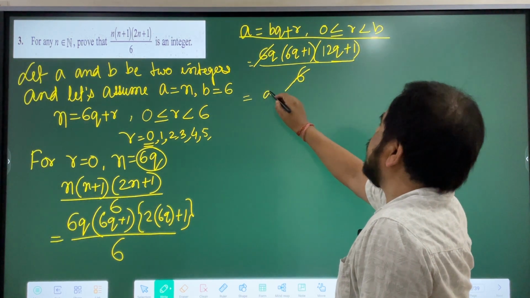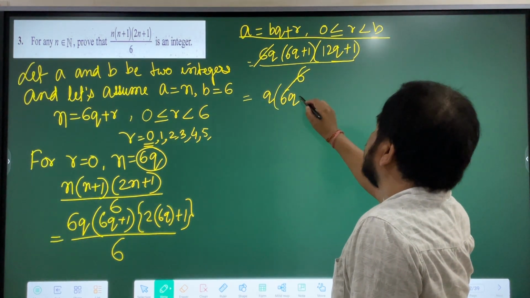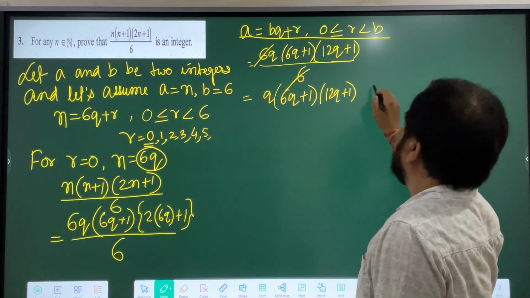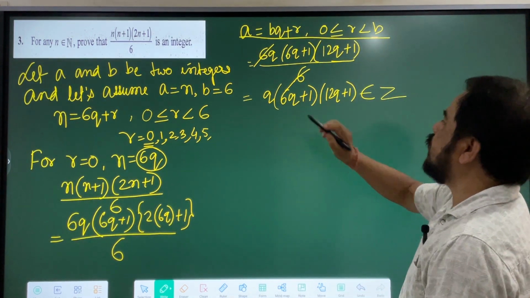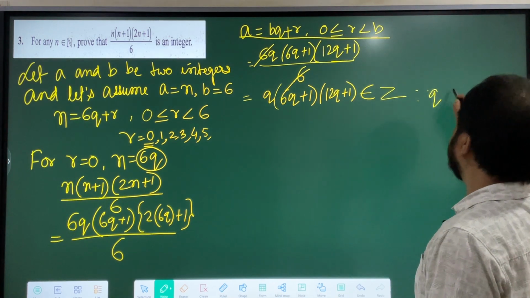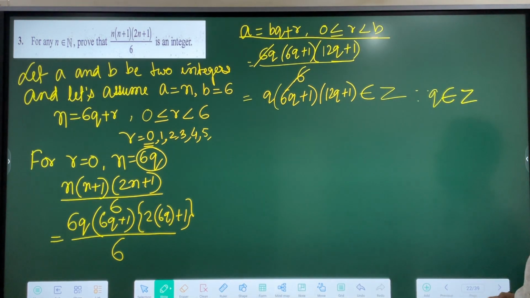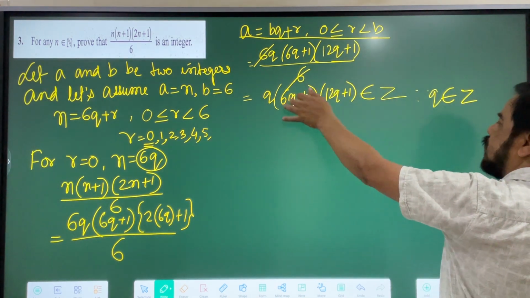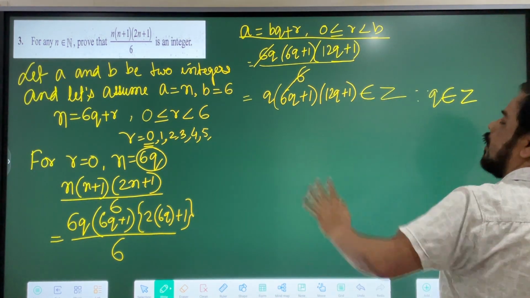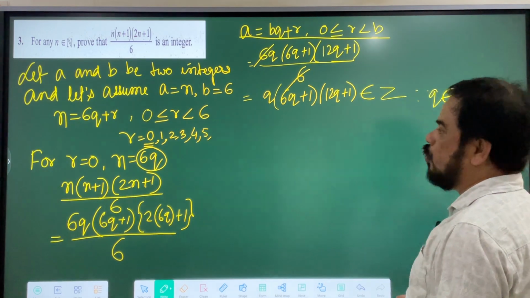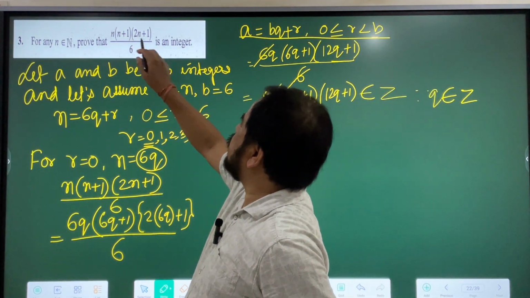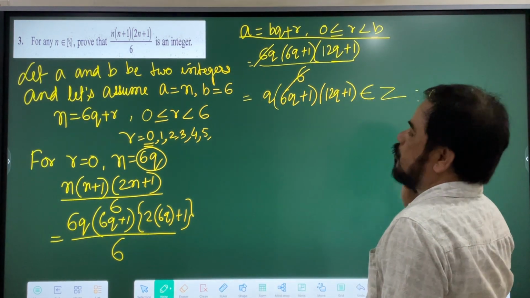So here the sum is already finished. Belongs to Z, since q is an integer. Multiplication of q with any number, addition of q with any number will also be an integer. So we have proved that by putting r equals 0, this expression is an integer.